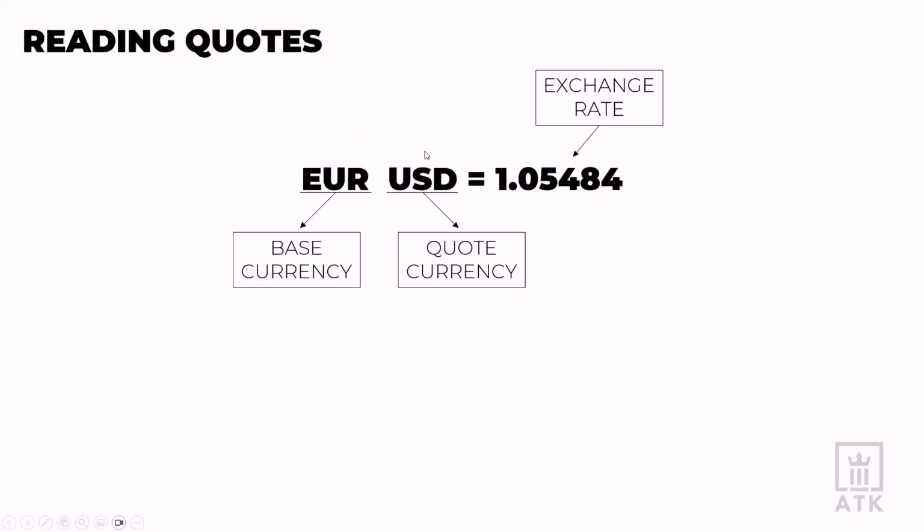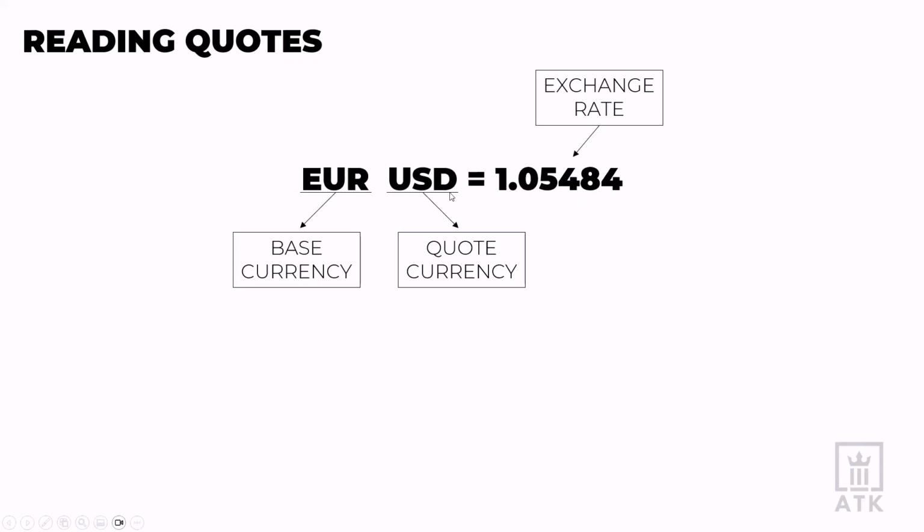And then the exchange rate to exchange from the base. The base is always $1, 1 unit. So 1 unit is always the base. The quote, how much of the quote do we have to equal the base's 1 unit? And what this is saying is you need 1.05484.